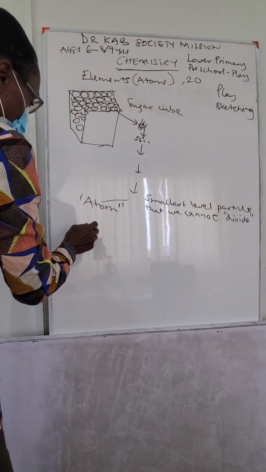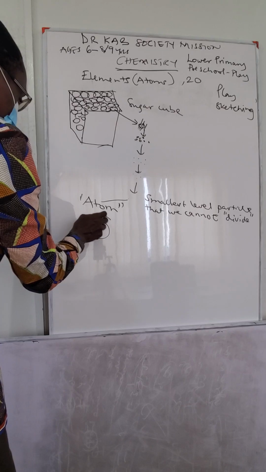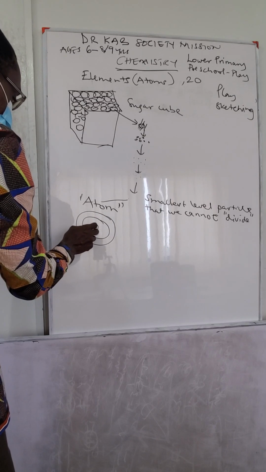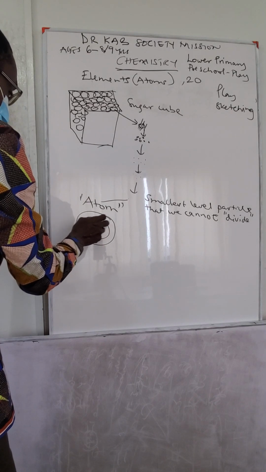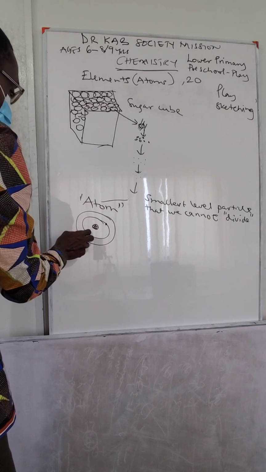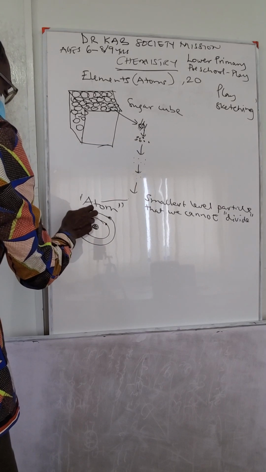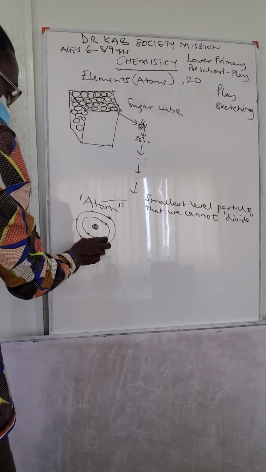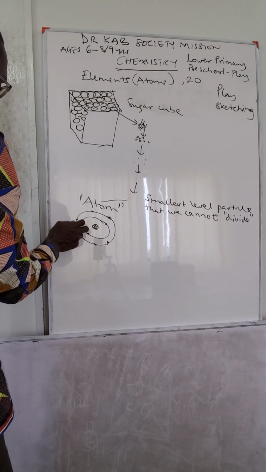Now, if we were to make it big, then it would be something like this. It will have something in its center, and then it will have something moving around it. Usually those in the first shell, there are 2. The others can be 8, or they can go up to 8. So let's say in this case they are having 1, 2, 3, 4, 5, 6.